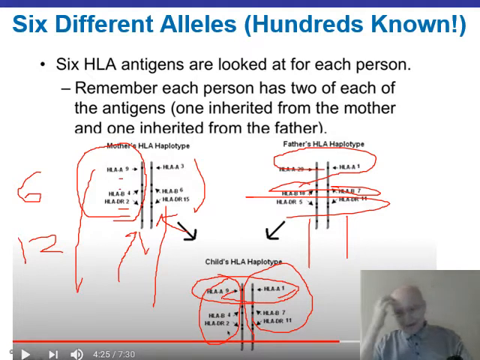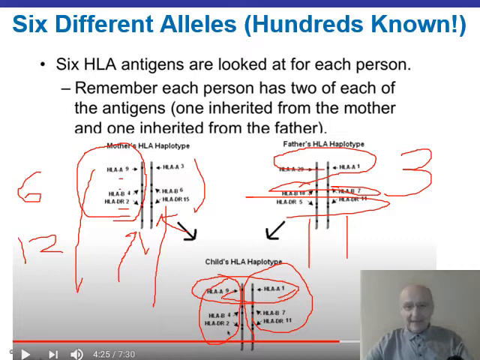And so consequently, if you have 2 parents, and you should, then you're clearly going to have different alleles here at these various gene locations. I mean, that's just inevitable. Now, what they're trying to do is match 3 alleles. In other words, they want three of these alleles, A, B, and DR, to be the same.